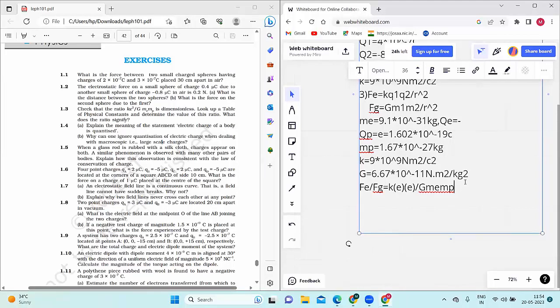By using the equation and the values, we will get Fe by Fg equal to 2.4 into 10 power 39.